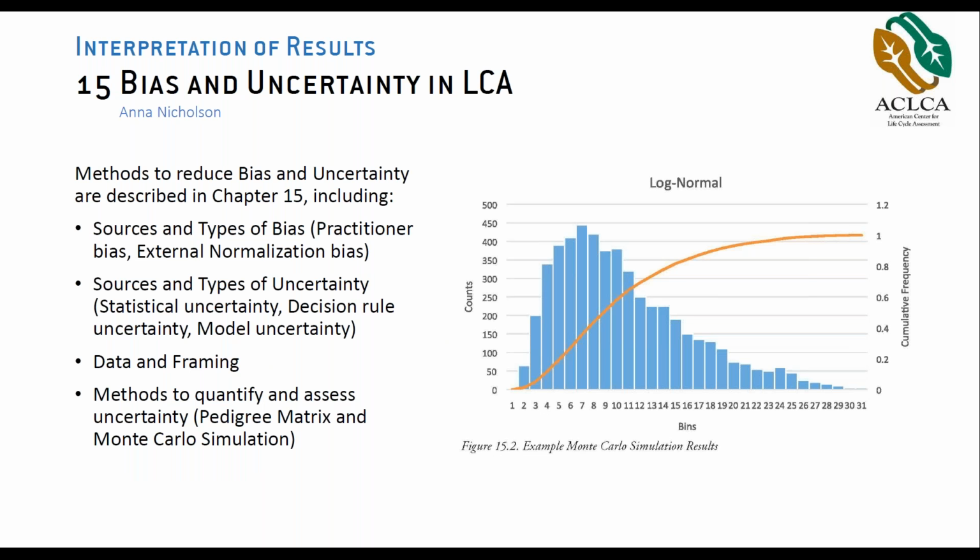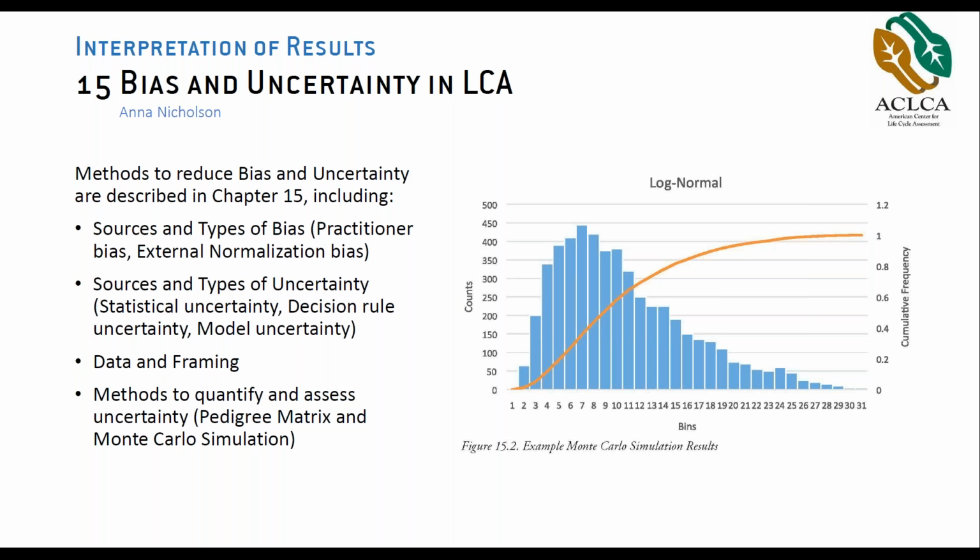And in chapter 52, it explores bias and uncertainty in LCA. And as I have mentioned, uncertainty is mentioned in the earlier chapters because it's so important in LCA.